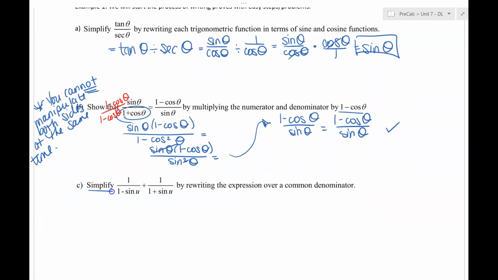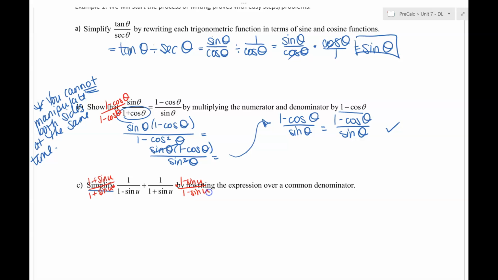Here we're asked to simplify over a common denominator. Okay, well, they're entirely different. So I'm going to multiply the left by 1 plus sine of u over 1 plus sine of u. If you do the same in the top and the bottom, that means you're really multiplying by 1. So it doesn't necessarily matter what you multiply by as long as it's the same on the top and the bottom.